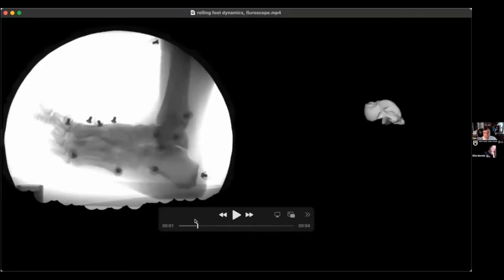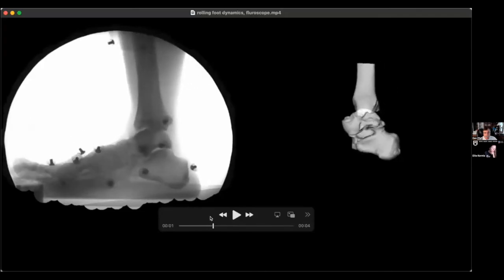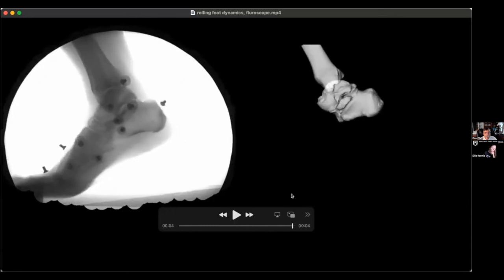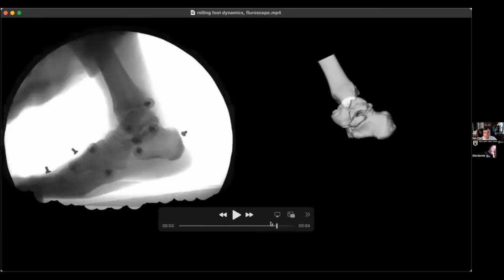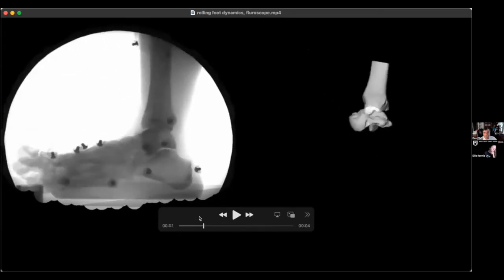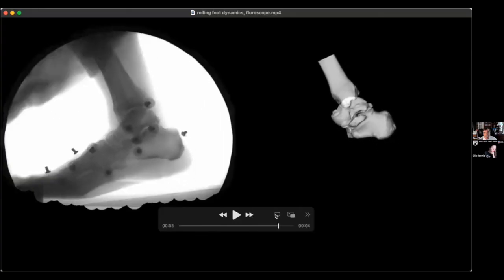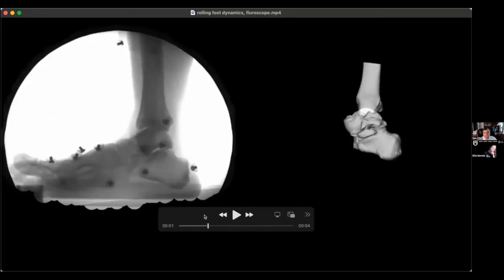So we're heel first, now weight is rolling forward, and then the forefoot engages to do the final propulsive movement. So we want to see a smooth movement, smooth timing. And like I said, we want to see these joints gliding, compacting, and releasing in a timely manner.